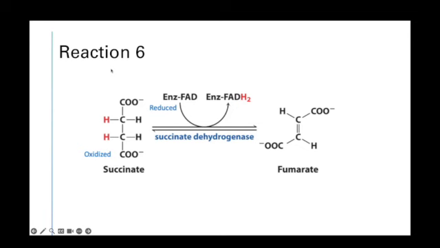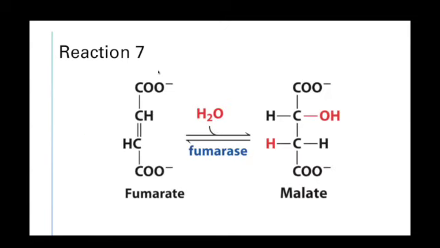That FAD gets reduced into FADH2, and FADH2 then donates its electrons to ubiquinone, which is required to take the electrons from FADH2 and then pretty much immediately enters the electron transport chain from here on. So remember succinate dehydrogenase when we talk about the electron transport chain.